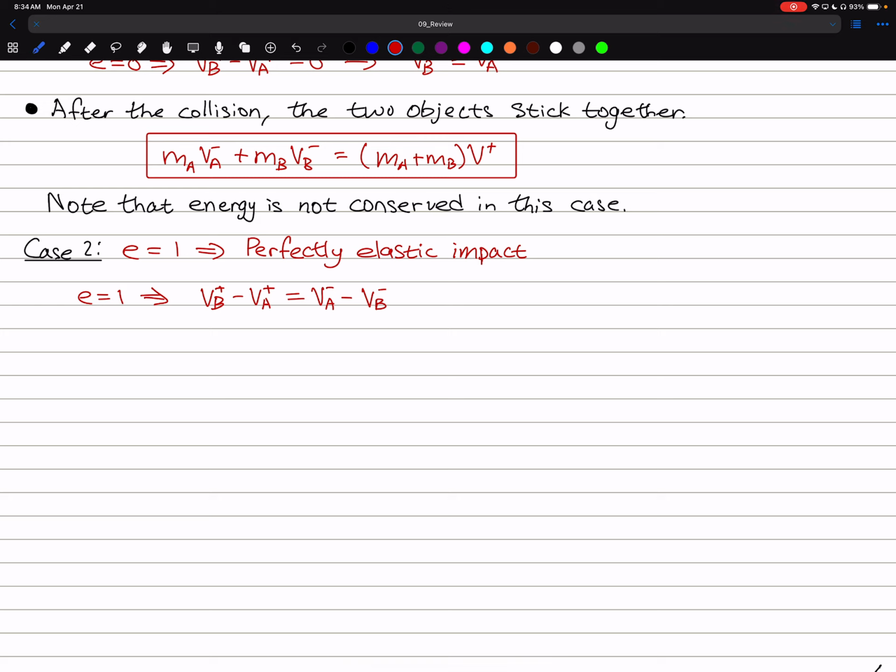The second equation comes from the conservation of momentum. We get that MA VA⁻ plus MB VB⁻ must be equal to MA VA⁺ plus MB VB⁺. And you just need to solve these two equations simultaneously.